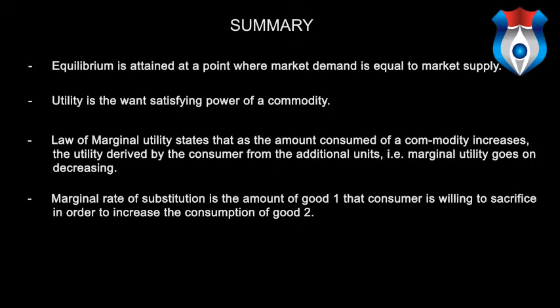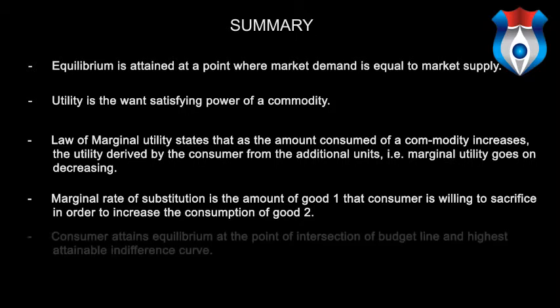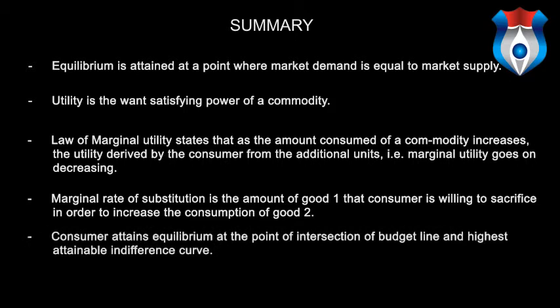Marginal rate of substitution is the amount of good 1 that the consumer is willing to sacrifice in order to increase the consumption of good 2. Consumer attains equilibrium at the point of intersection of the budget line and the highest attainable indifference curve.